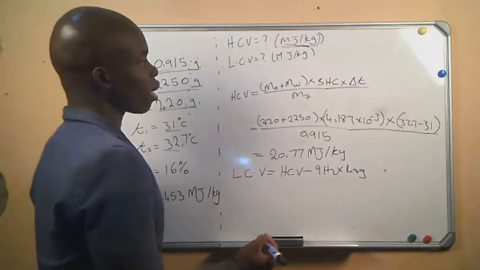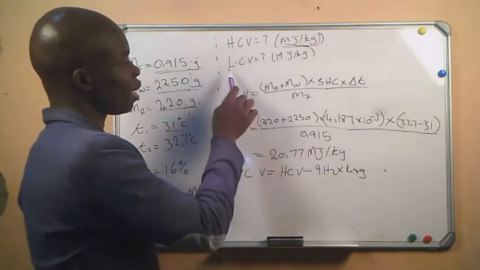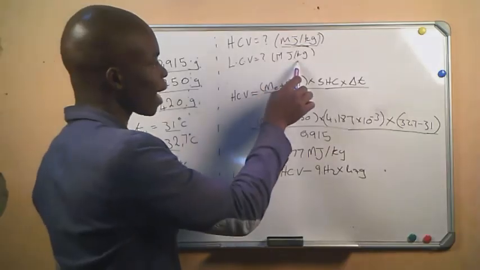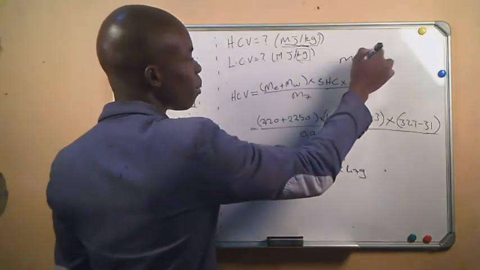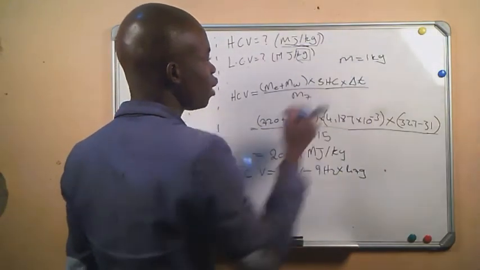So we are calculating the lower calorific value per kg. That tells us that we are dealing with a mass of 1 kg.